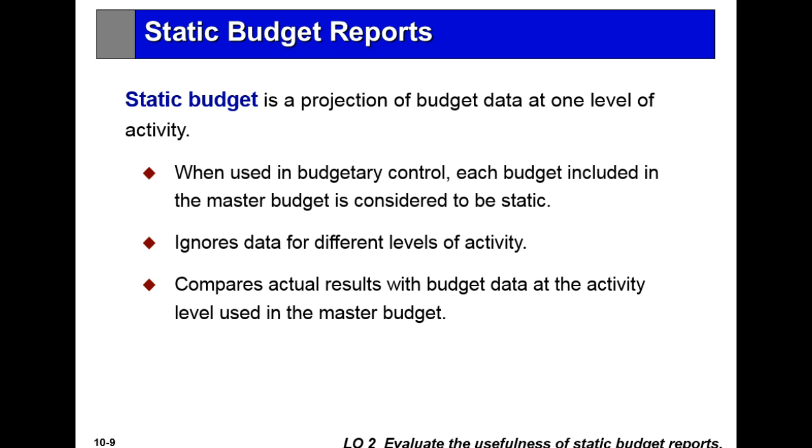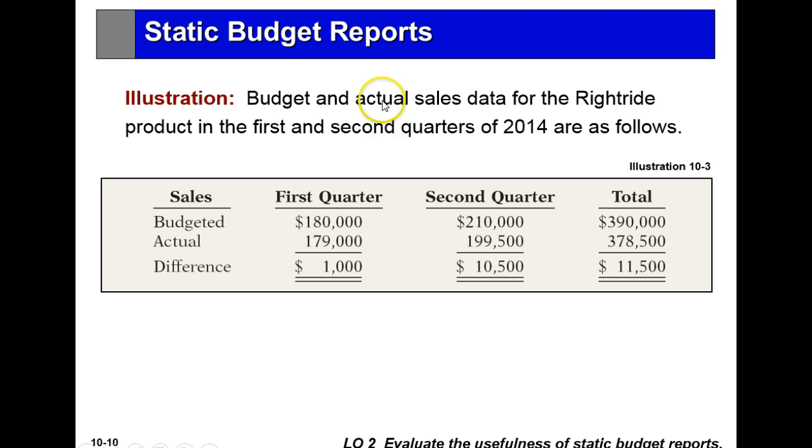When used in budgetary control, each budget included in the master budget is considered to be static, and it ignores data for different levels of activity, and it just compares actual results with budget activity at the activity level used in the master budget. So here's an example.